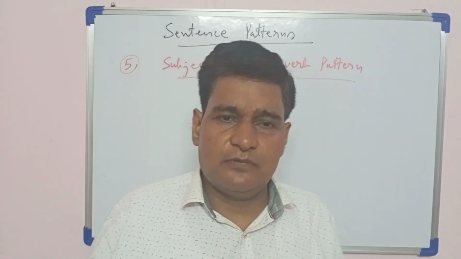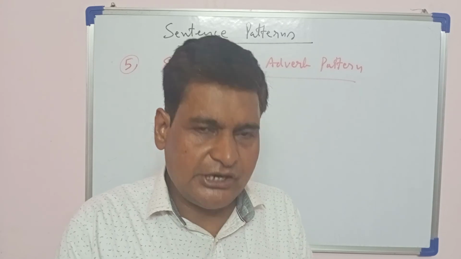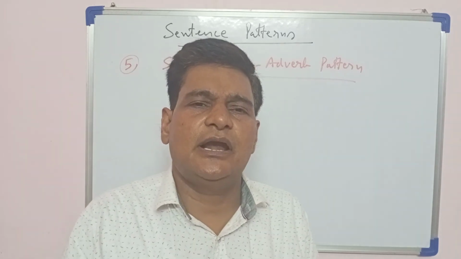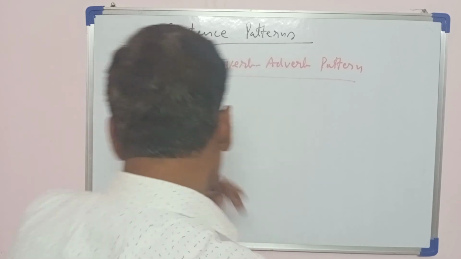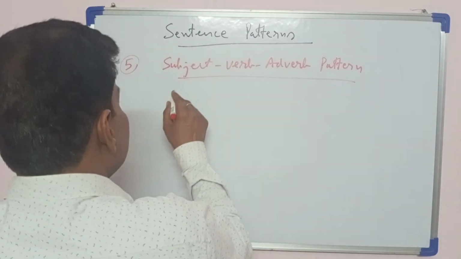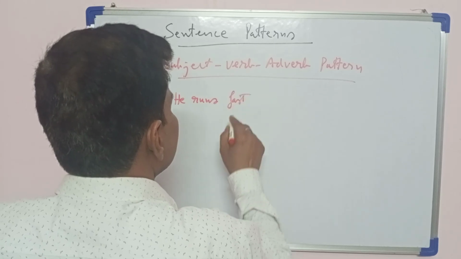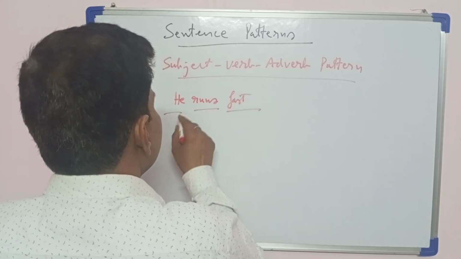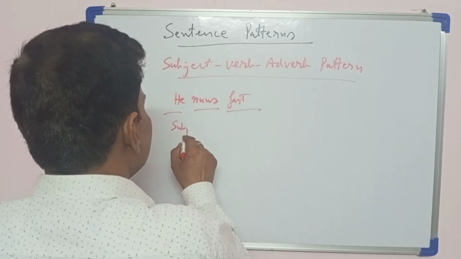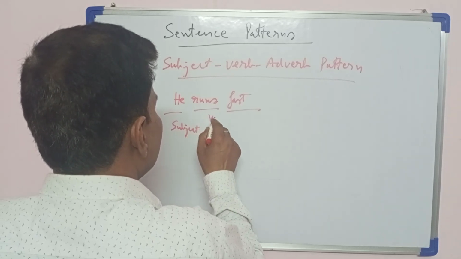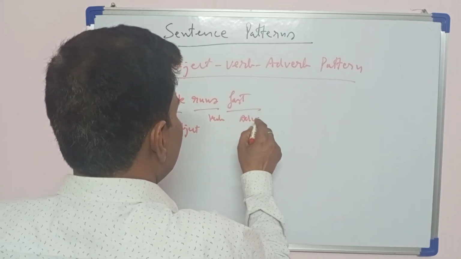You know that adverb adds something to the meaning of a verb, adjective, or another adverb. So let's see. He runs fast. So here you can see subject, verb, and adverb.